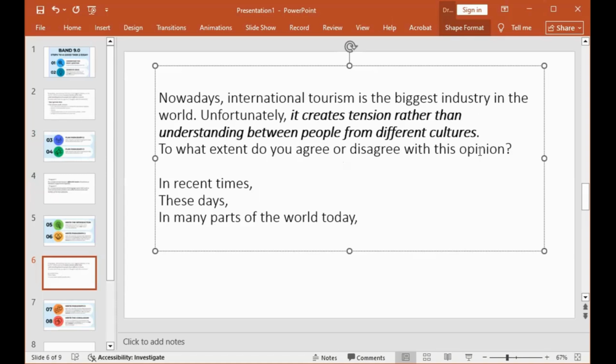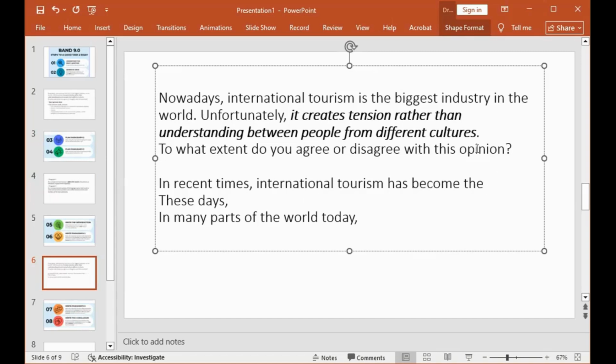If I want to use 'in recent times', this is how I'm going to put it to make sure that the sentence is grammatically accurate. In recent times, international tourism has become the biggest, or let's not use biggest, let's paraphrase it.